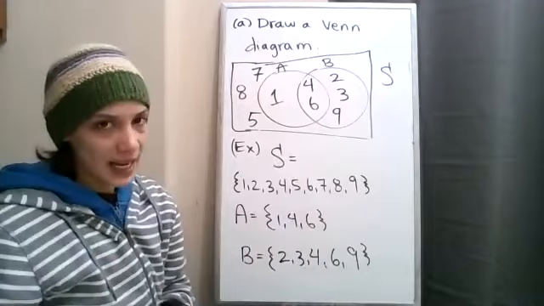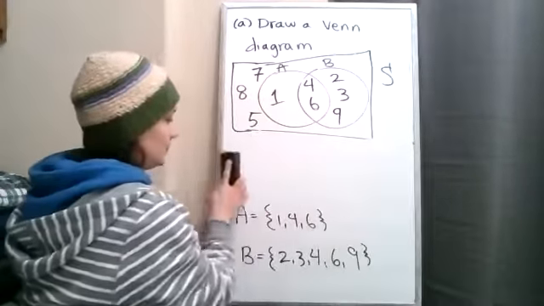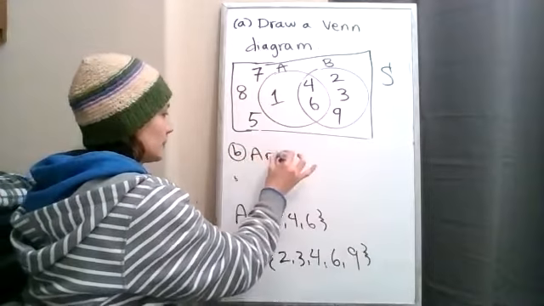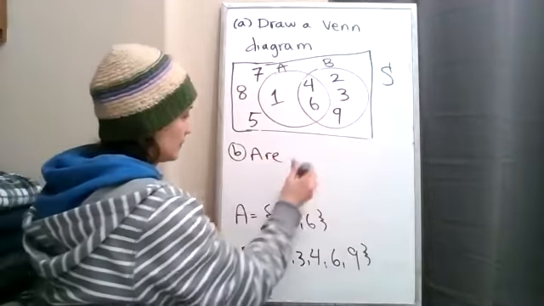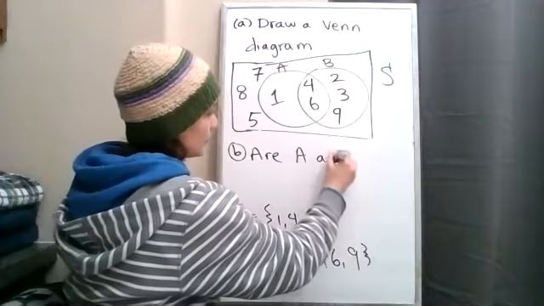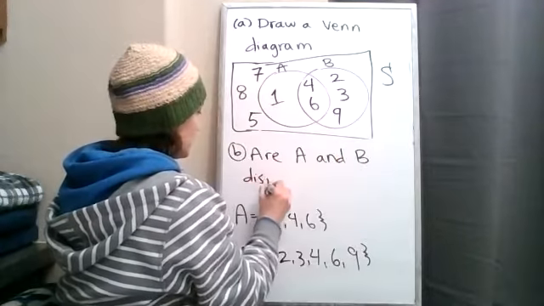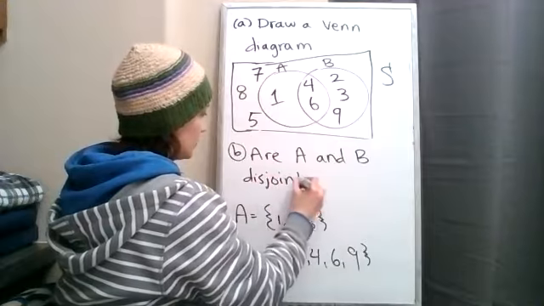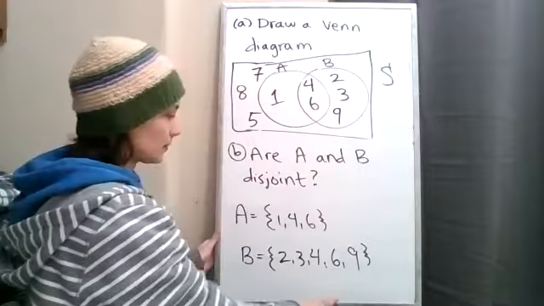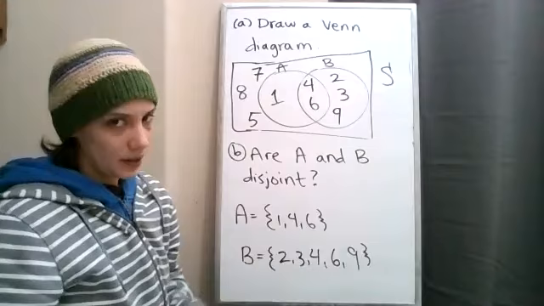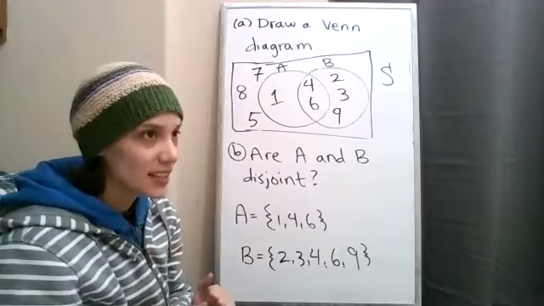Are A and B disjoint? A and B are not disjoint.